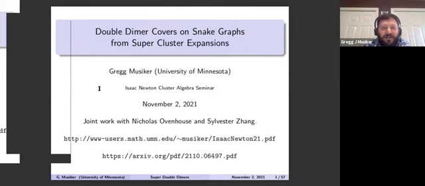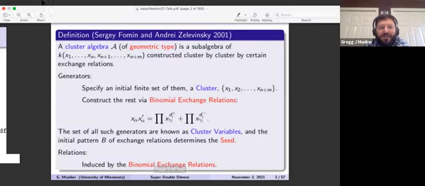So to begin the story, the topic is of course about cluster algebras, but given this is the cluster algebra seminar, I'm not going to spend much time defining them for you, just having this one slide reminding you that they're built out of these binomial exchange relations.